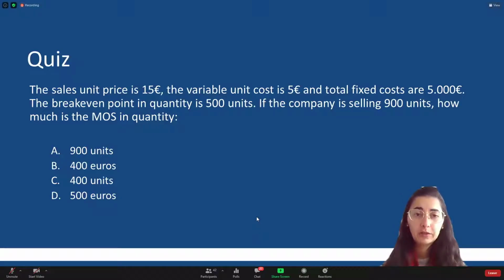Near the chat icon, don't you have an option that says polls? I have it, and the poll is there. Sorry, can you repeat? Down near chat and participants, don't you have another icon saying polls? No, I don't have it.